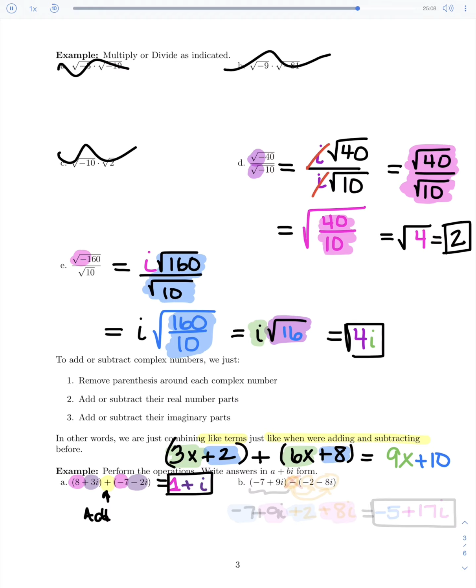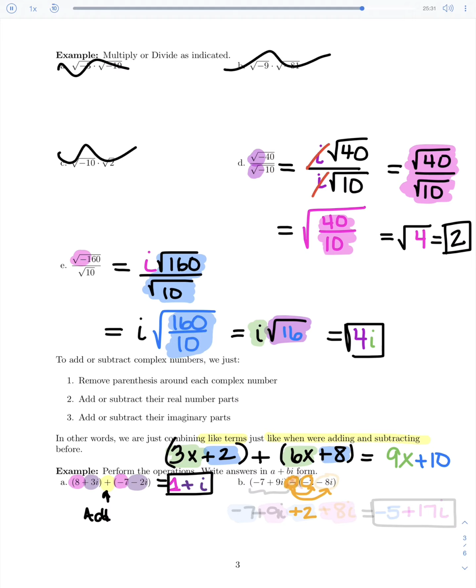Let's look at another one. This one is a little bit different because we have a minus sign. We're subtracting. So when we have a minus sign, you may have seen this a long time ago when we did x's, you actually have to distribute the minus sign to everything. So the minus sign will turn the negative 2 into a plus 2.